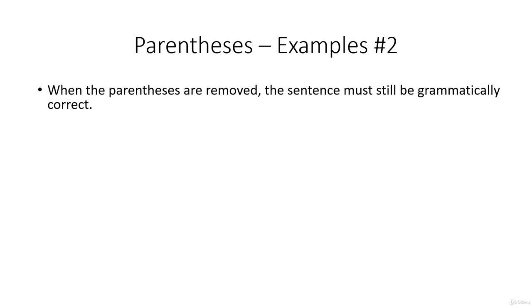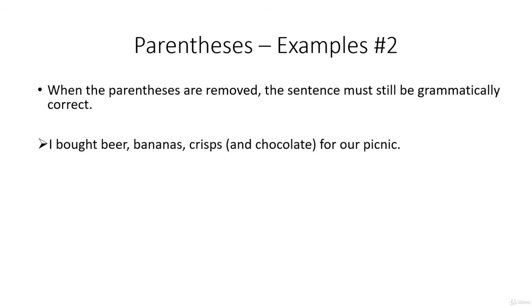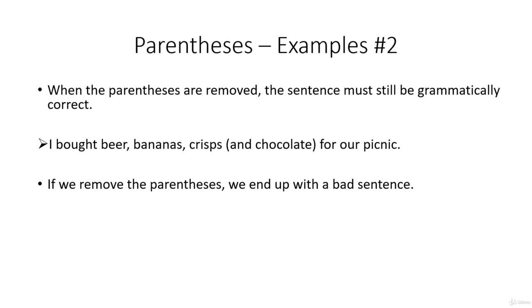And also importantly, when the parentheses are removed, the remaining sentence must still be grammatically correct. So here's a sentence: I bought beer, bananas, (crisps, and chocolate) for our picnic, which sounds sort of okay. But if we remove the parentheses, we end up with a bad sentence, which is, I bought beer, bananas, for our picnic.